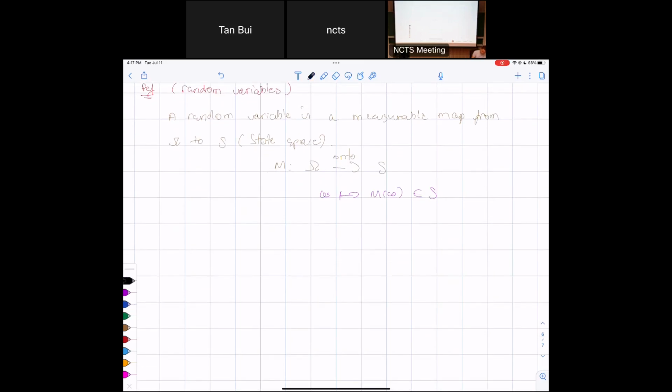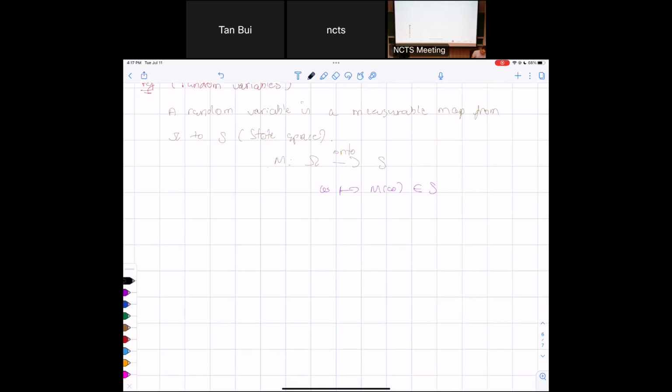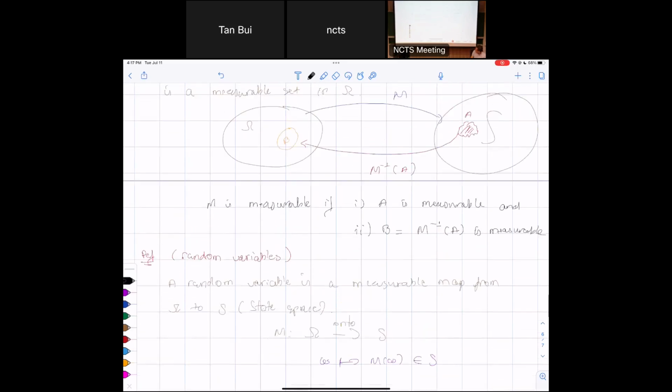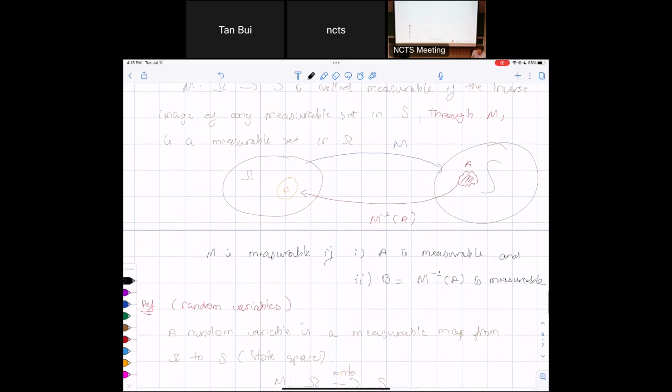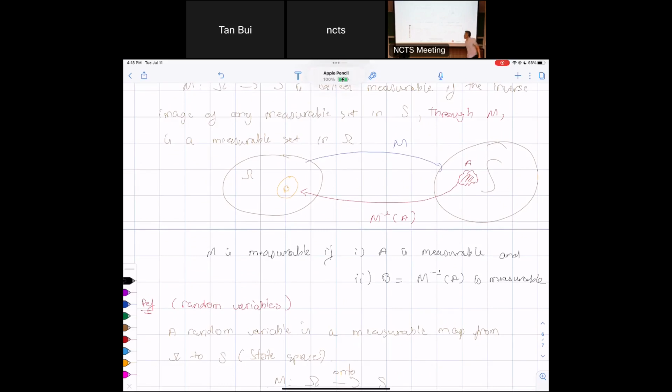This is typically where probability theory is different from traditional math, because remember that on the original sample space we have a sigma algebra and a probability measure that we already have. But the function is now also new. The random variable is a function that takes our sample space into a state space.